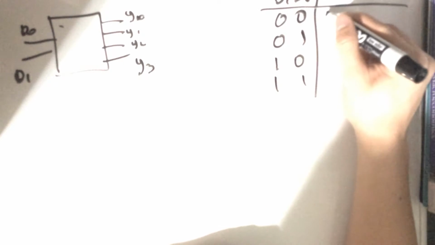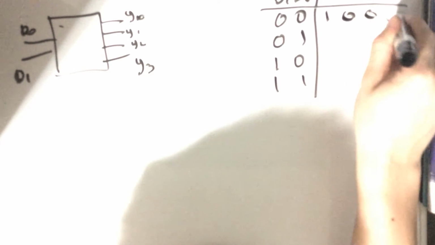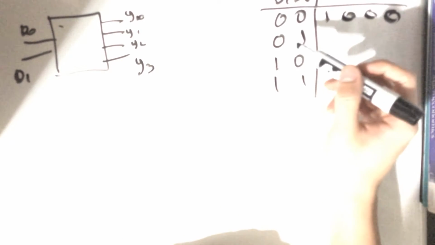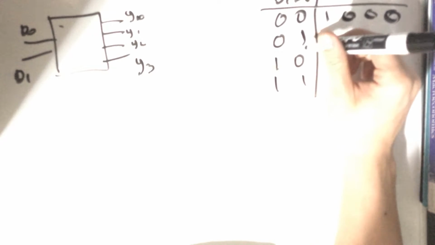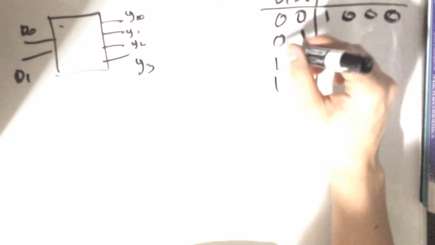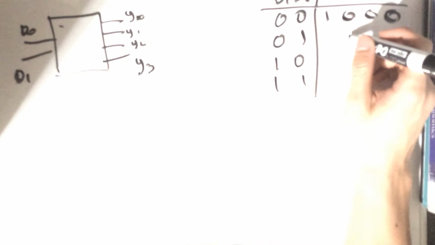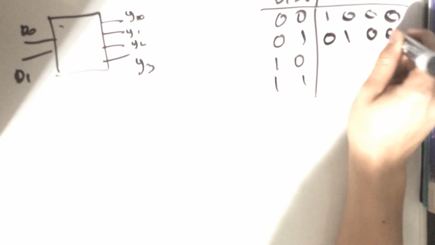Now if D1 is set, we want the binary representation to translate to its decimal representation, so we would have 0, 1, 0, 0.